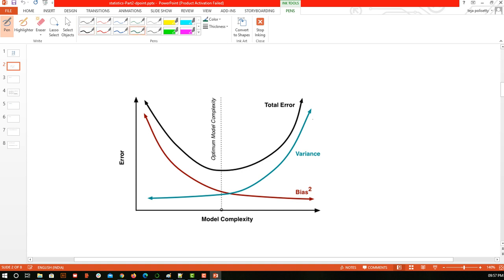Here our variance is decreasing, which is fine, but as soon as you reach your threshold and try to decrease your variance more, that is this region, you can see your error is increasing again.